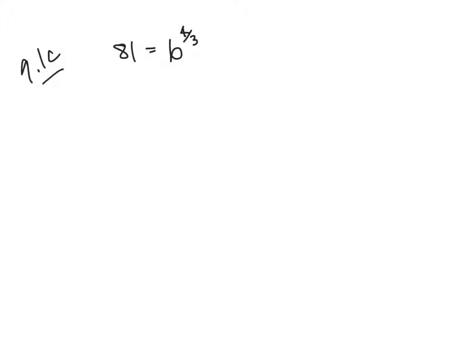So what I'm going to do is change my B to the 4/3 back to a form like that. I just changed it back. In fact, I'm going to write it this way.